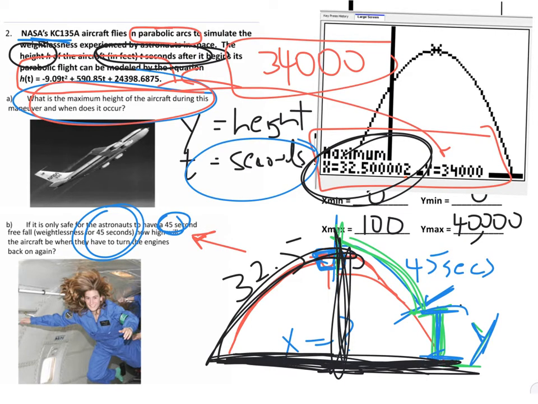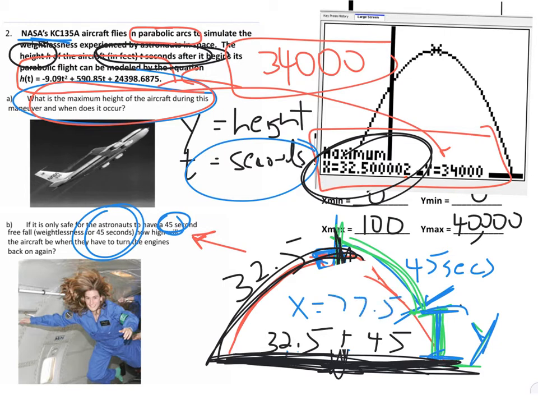So you're basically finding the x value at 32.5 plus 45, or you're finding x is equal to 77.5. This question is saying, in its own special way, when x is 77.5, what is y?